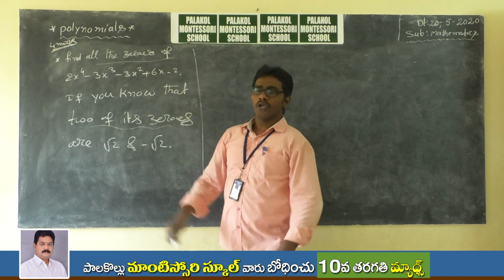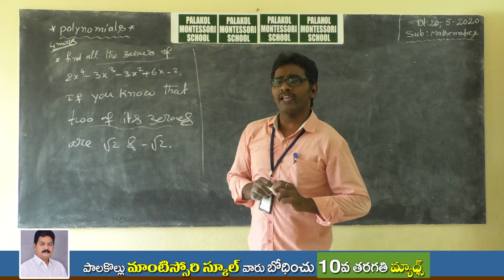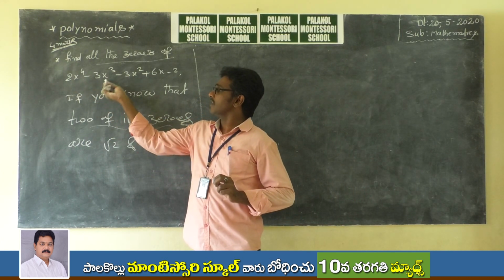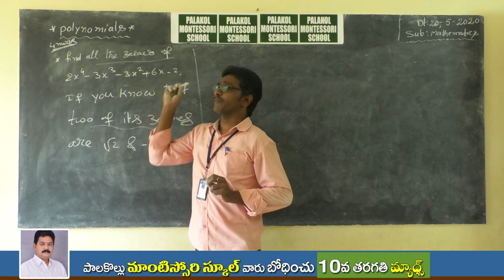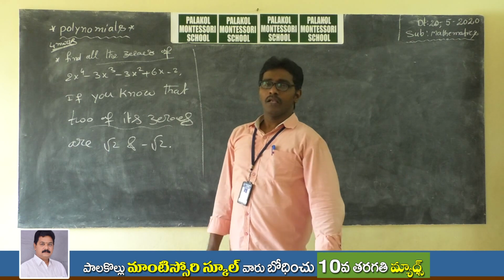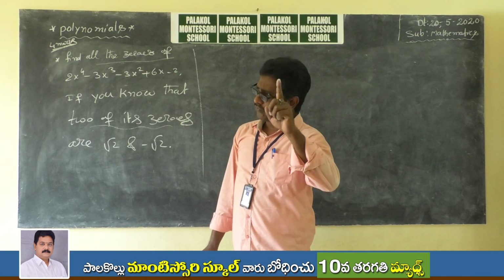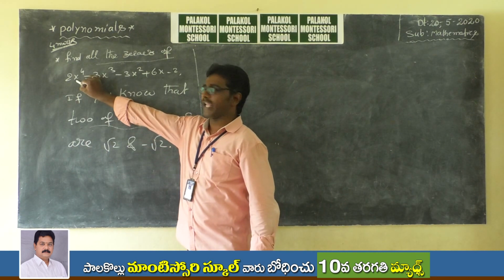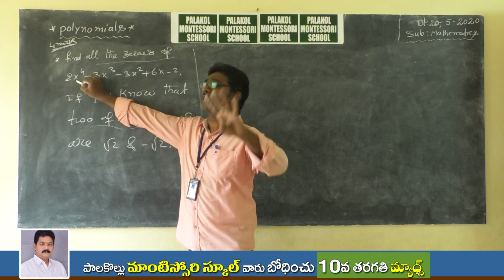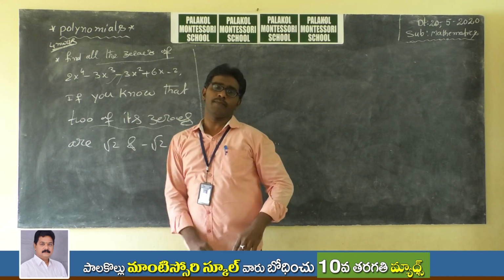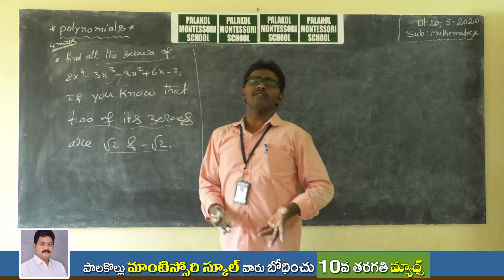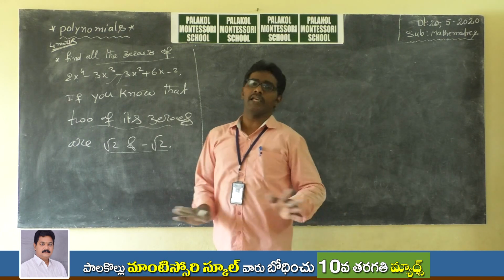In this case, what type of polynomial is given? 2x to the power 4 minus 3x cube minus 3x squared plus 6x minus 2. It is a biquadratic polynomial. How many variables are there? One variable, that is only x. The power is 4, so 4 zeros are there in this biquadratic polynomial. Two zeros are already given. You find out the remaining 2 zeros; that is enough for the sum.